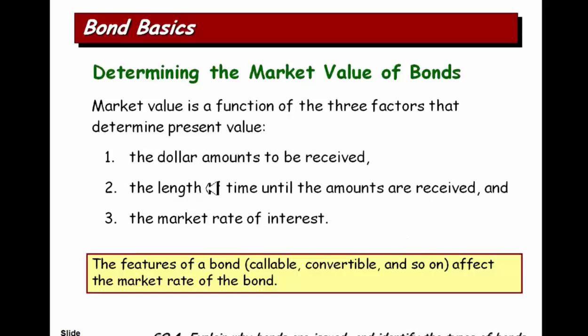Of course, the bonds have their bond rate. Knowing the bond rate and the market rate, those two rates are going to help us calculate the present value of the bond.